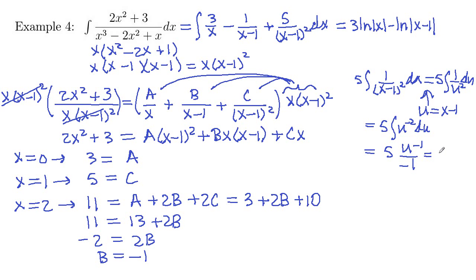So that's negative 5 over u, which is negative 5 over x minus 1, since u is x minus 1. So minus 5 over x minus 1, and then plus C.